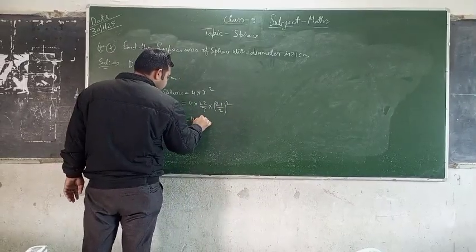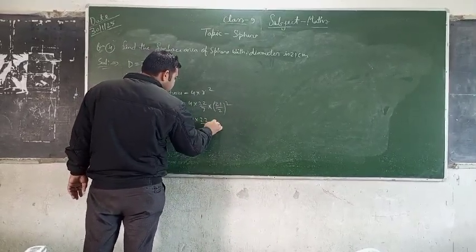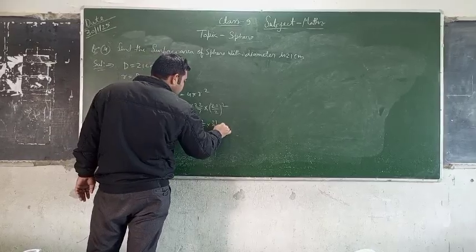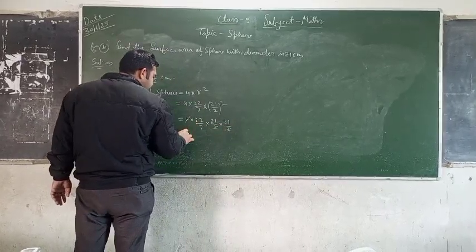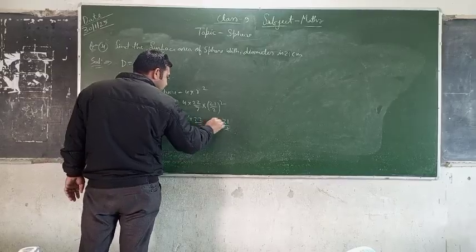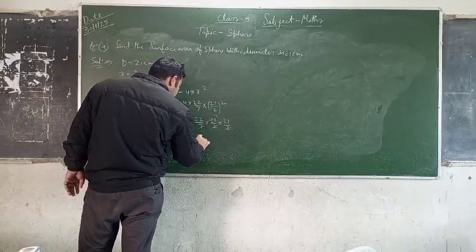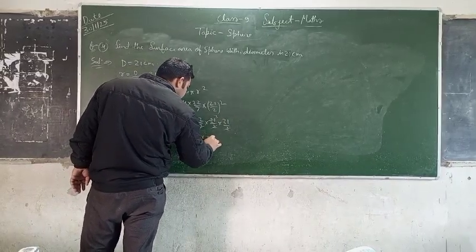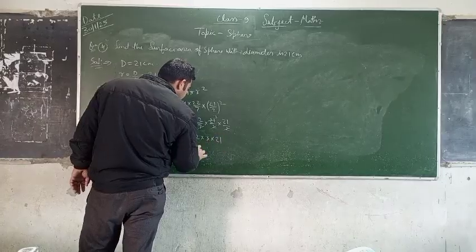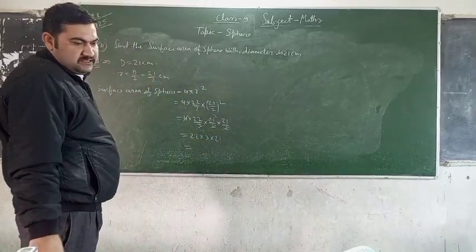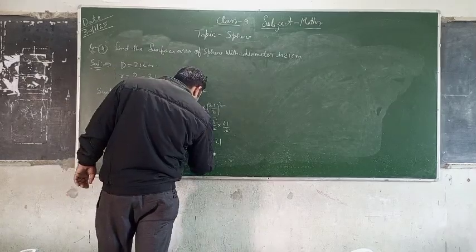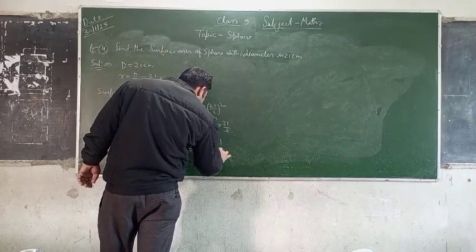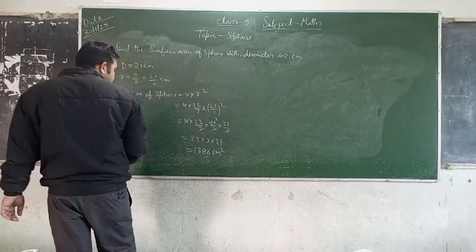That is 4 into 22 by 7 into 21 by 2 into 21 by 2. 2 and 2 cancel from 4, and 7 goes 3 times, so that is 22 into 3 into 21. Multiplying all of these, we will get 1386 centimeter square, and this is your answer.